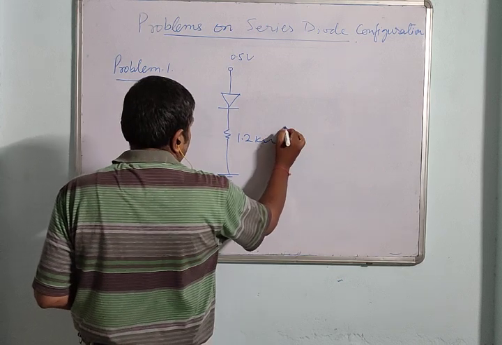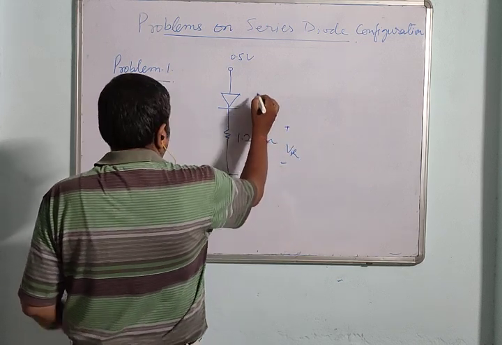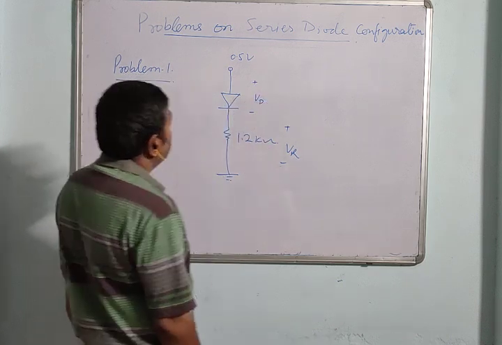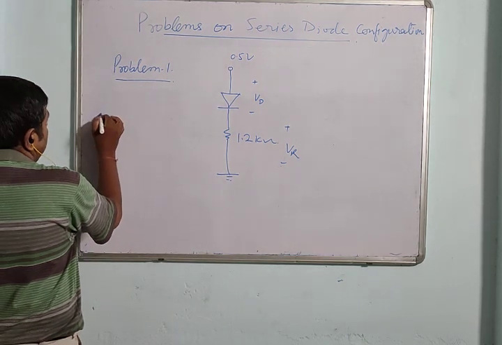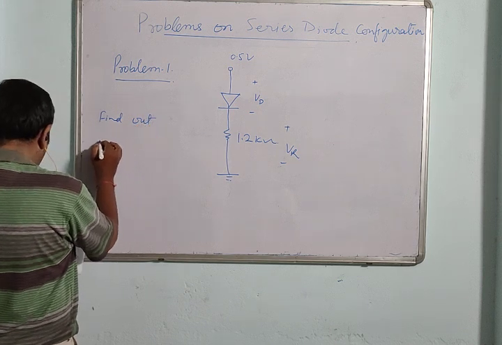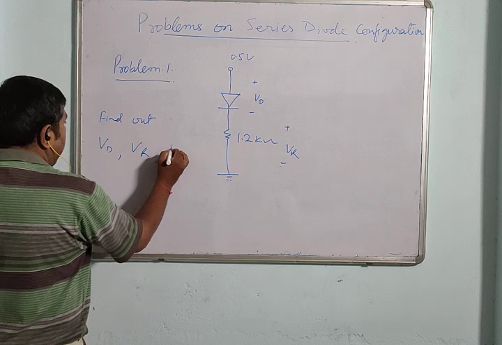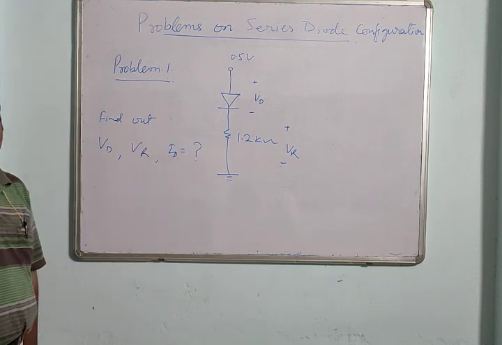Suppose this drop is VR and drop across this diode is VD. And you have to find out the diode drop, resistance drop, and diode current. So you have to solve for these three things.